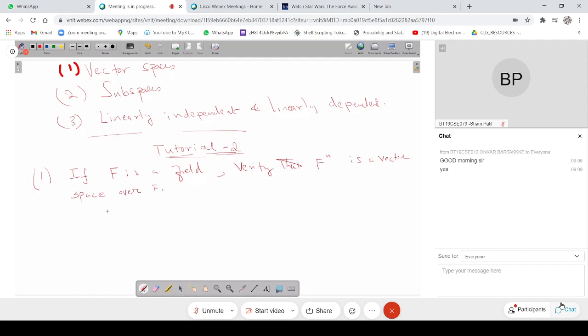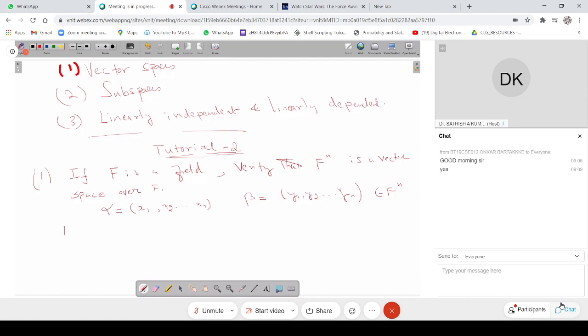And the vector addition and scalar multiplication we will define; let us recall that. Suppose we take alpha equal to the n-tuple x1, x2, etc., xn, and beta equal to y1, y2, up to yn. We take these two as vectors in Fn, or you can take Rn also.